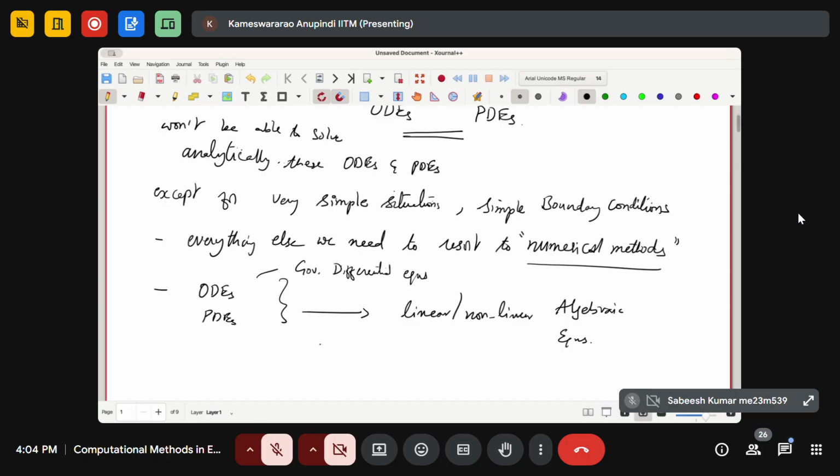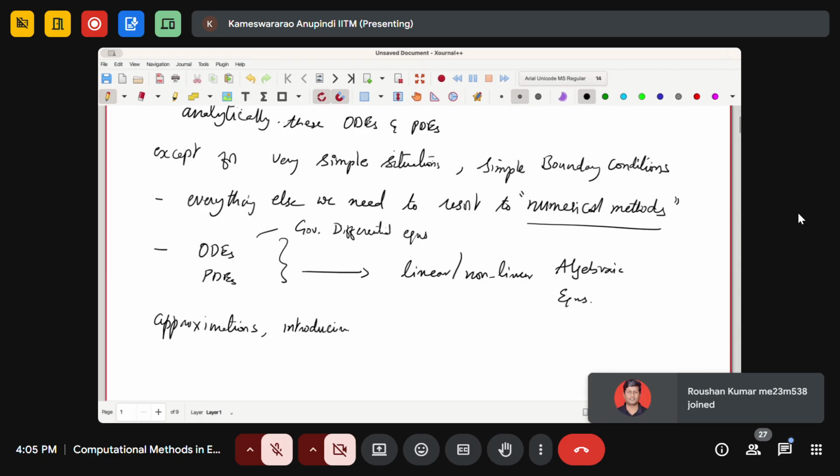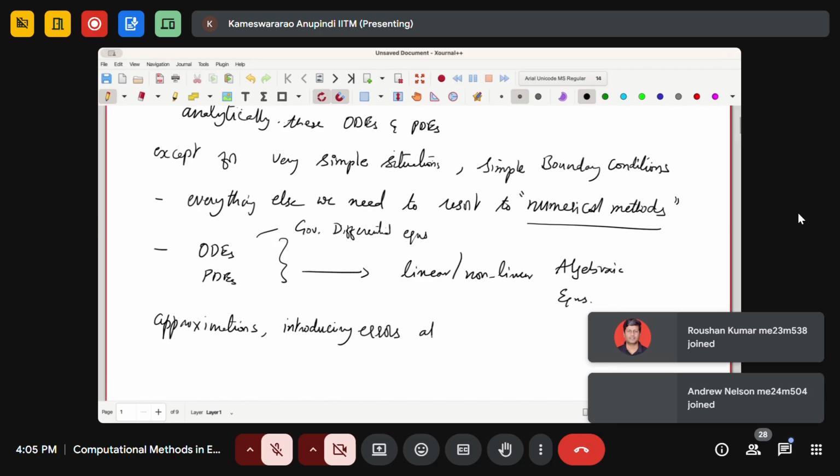Now when we make this conversion and when we try to solve, we are making approximations. Or we can also say that we are incurring errors at each phase, right?